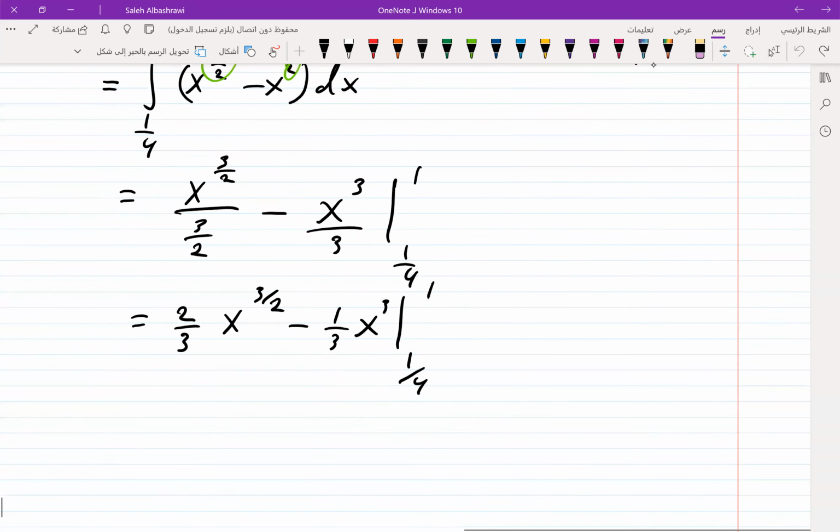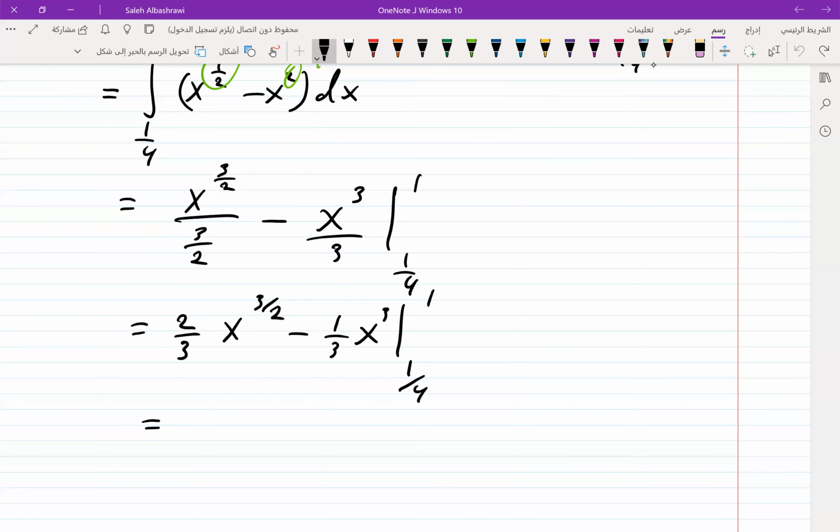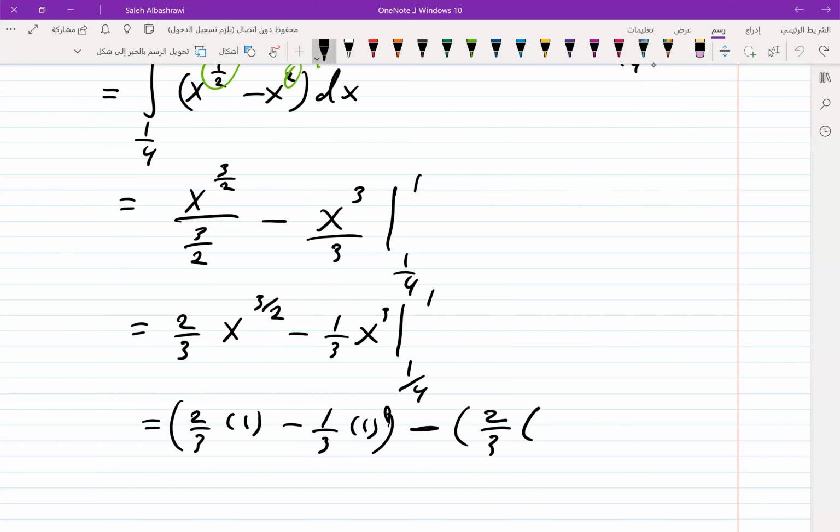Now find the value. When x equal to 1, it is 2 over 3 to the power 1 minus 1 over 3 multiplied by 1. This is the value of the function at the upper limit, minus, now replace x by 1/4. It is 2 over 3, 1 over 4 to the power 3 over 2, minus 1 over 3 and 1 over 4 to the power 3.